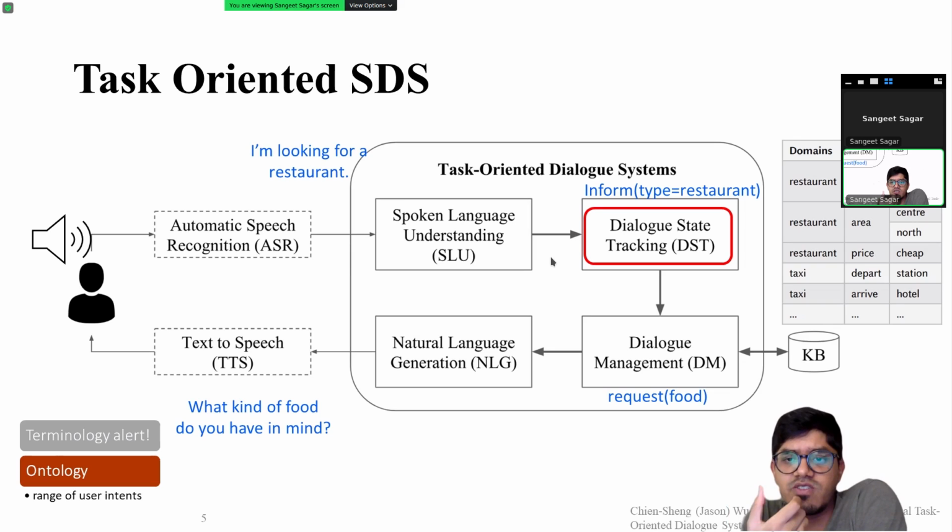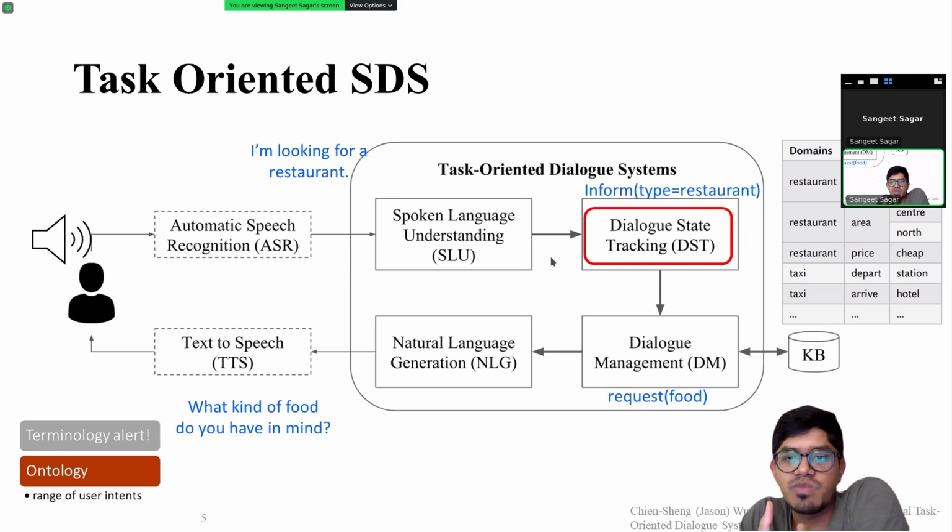The dialogue management component plays a managerial role, where it uses a knowledge base, which is kind of an ontology comprising a range of user intents. What you see here to your right is an example of an ontology.